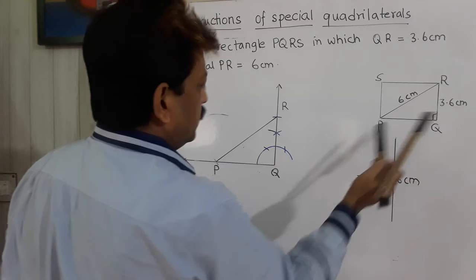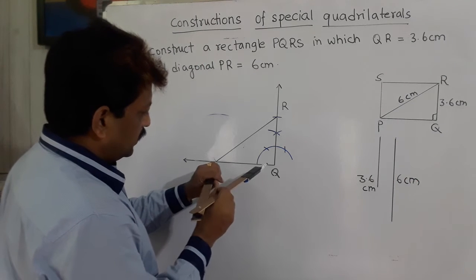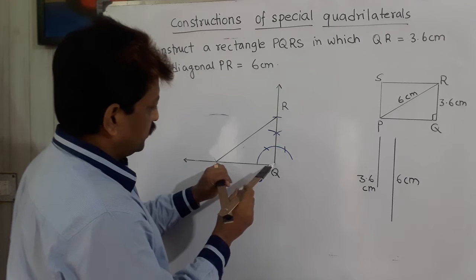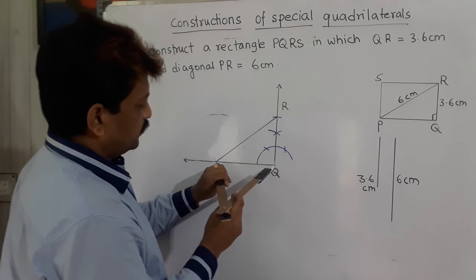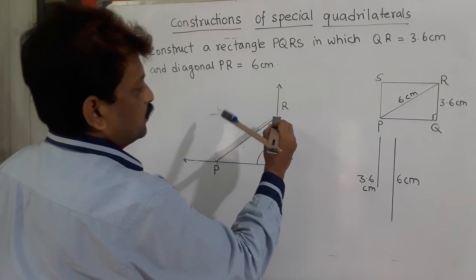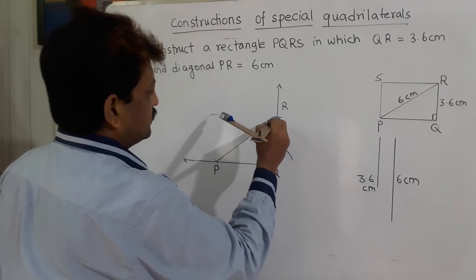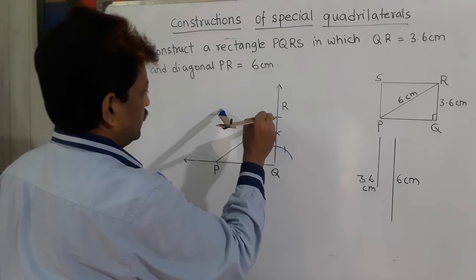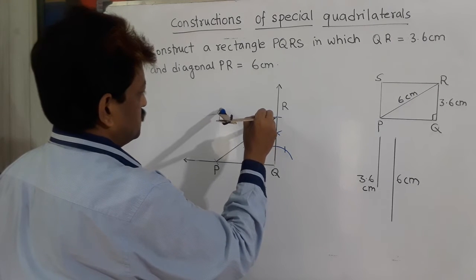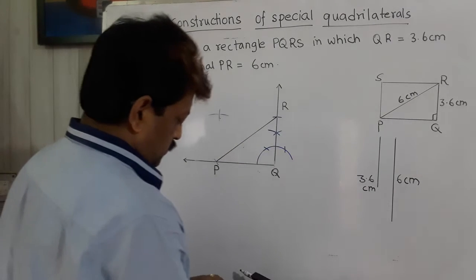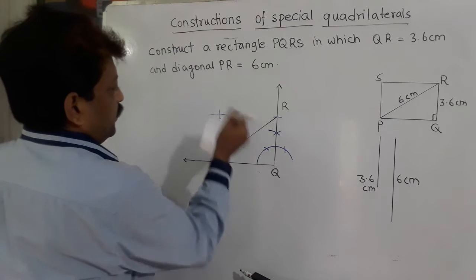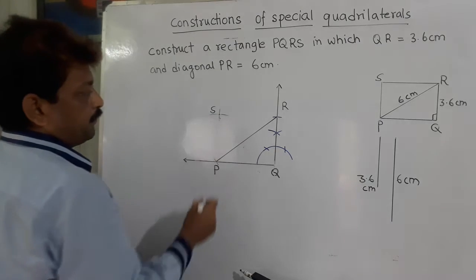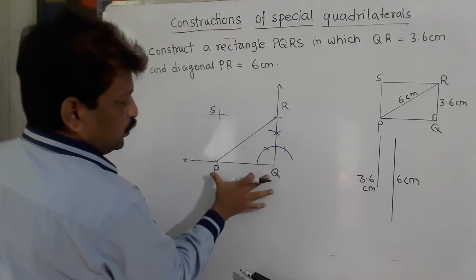So let me take the length PQ from this diagram. The compass will be placed at R like this, and then the previous arc will be cut like this. So this is the point S. Okay. RS is equal to PQ.